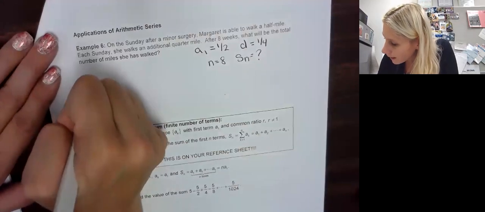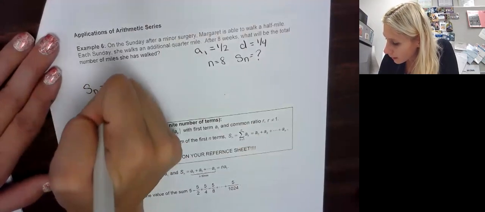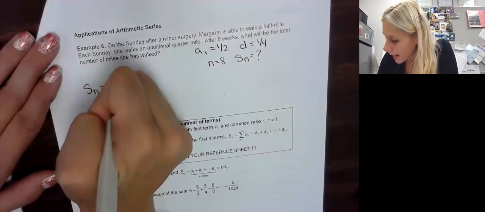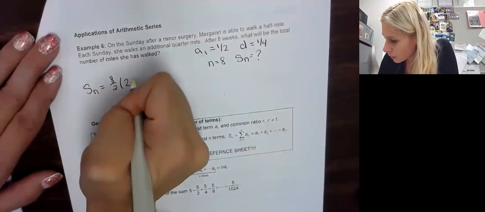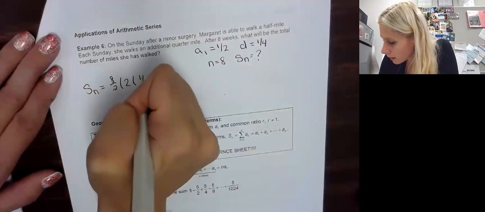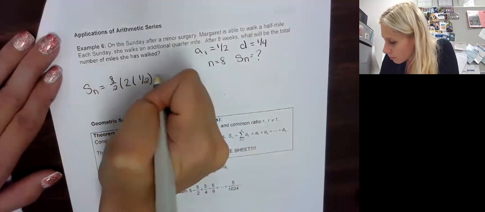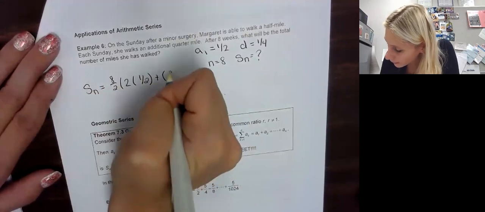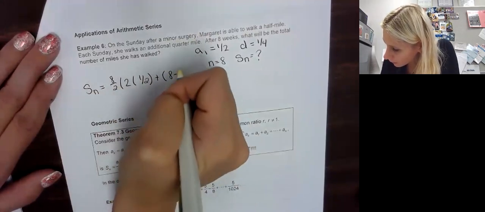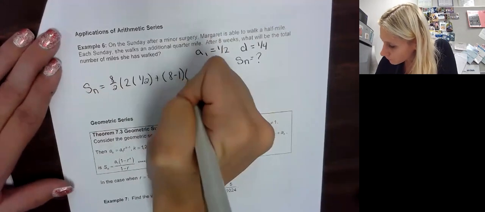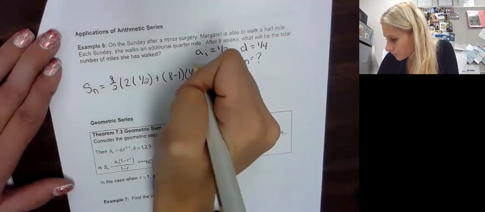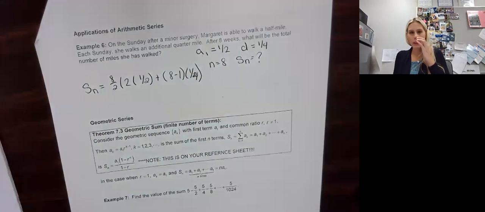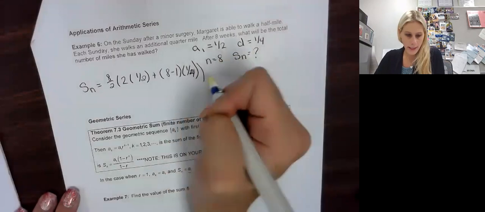So I get S subscript n equals, and remember it's n over 2 times 2 times a subscript 1 plus n minus 1 times our common difference, 1/4. And that's great because now we can just plug this into the calculator. Do not forget your parentheses.